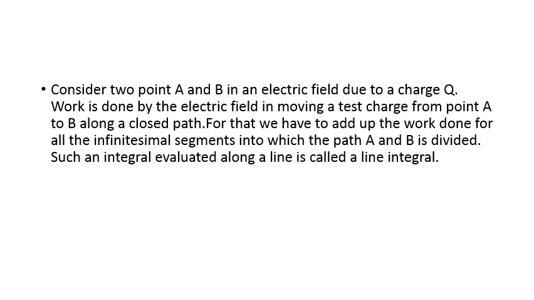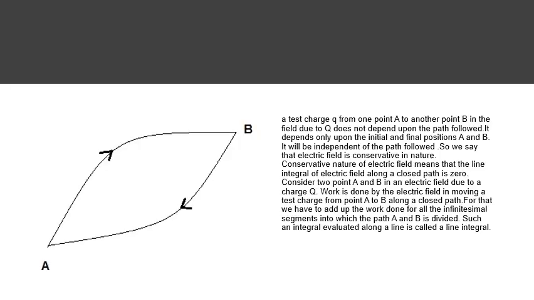This is called a line integral, if you are integrating along a line. Whether you are using the first way or the second way, the answer will be the same. This doesn't depend on the path followed. It depends only on the initial and final positions, A and B, independent of path followed. So we say the electric field is conservative in nature.